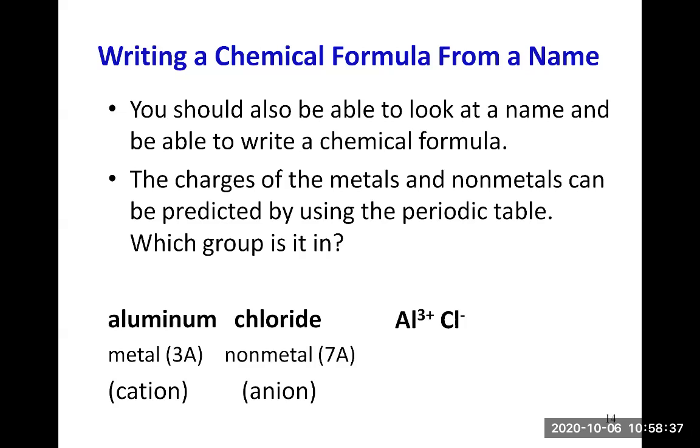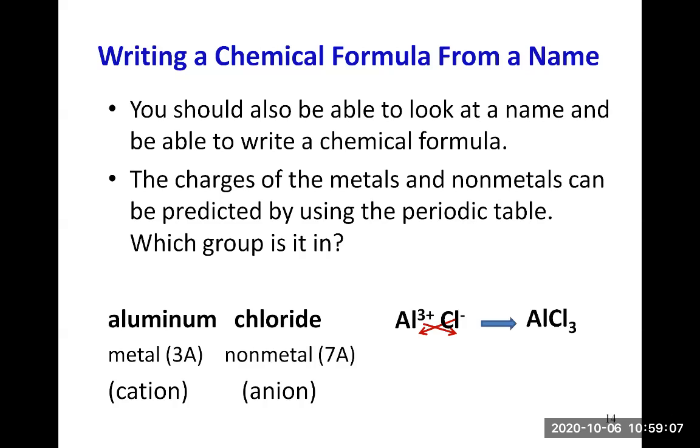So AlCl. Here you can do the crisscross trick where you take the charge number of each and crisscross it, and it becomes the subscript for the other element. Here the chlorine has only one negative charge, so it's going to be a subscript of 1 for aluminum, and the aluminum has 3 positive charge, so the subscript for chlorine will become 3.